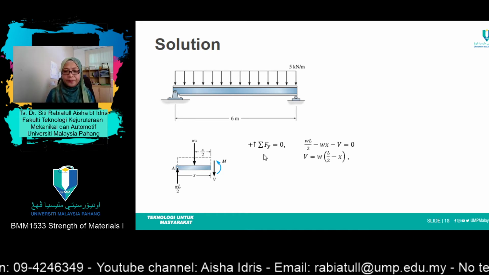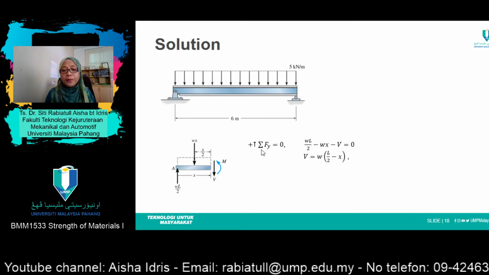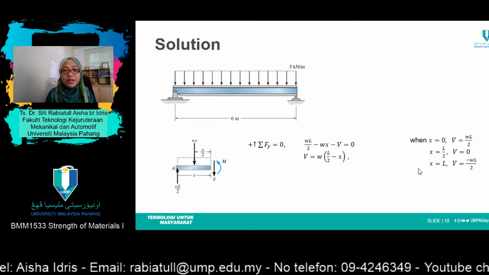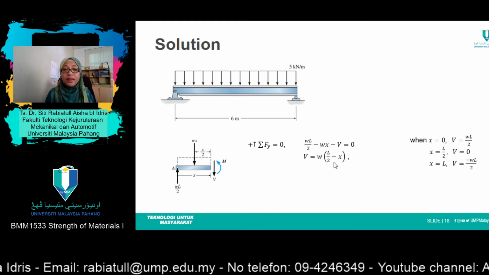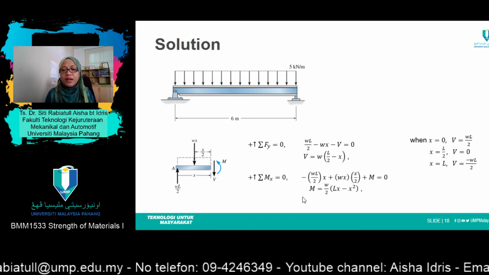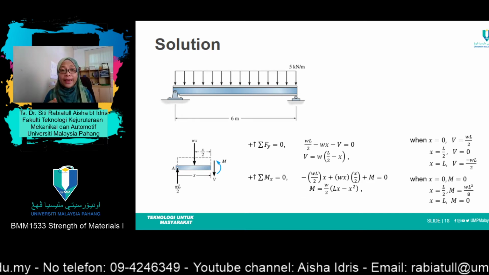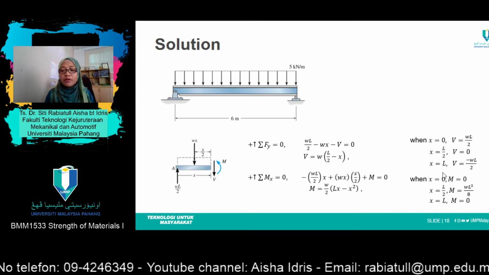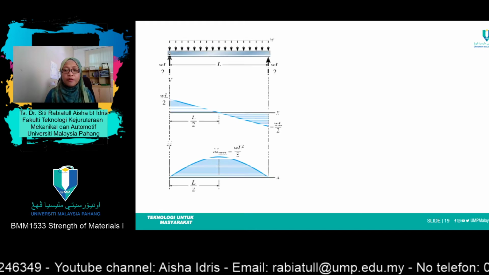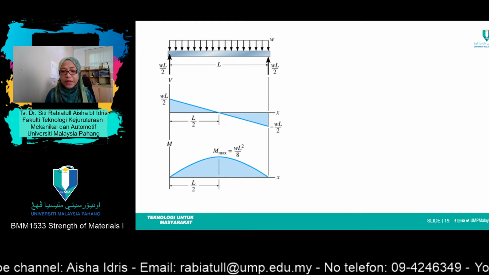After that, you need to find the reaction force in y direction, and then you need to find its coordinates by substituting the value of x in the equation. Same goes for the moment. Find the value of moment. After that, substitute the value of x into the formula in order to get all the coordinates there. From there, you can draw a shear force and bending moment diagram.